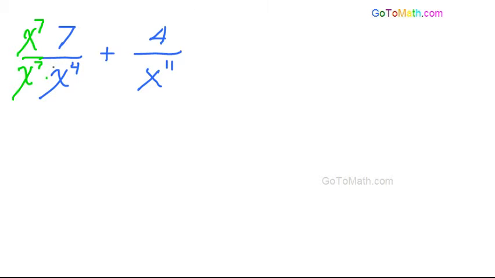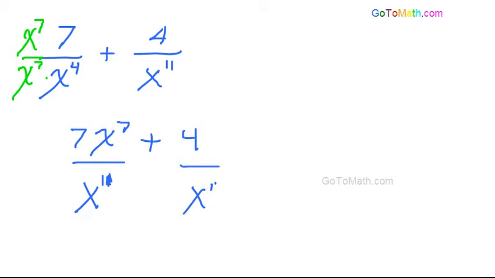Alright, so now let's go ahead and rewrite. So we're going to write that coefficient out front here. So we have x, 7 times x to the 7th plus 4. And of course now we have a common denominator. You know what? Let's not skip any steps. It's supposed to be 11 there. Now we have a common denominator, right? We added our exponents, added the powers there, got 11.